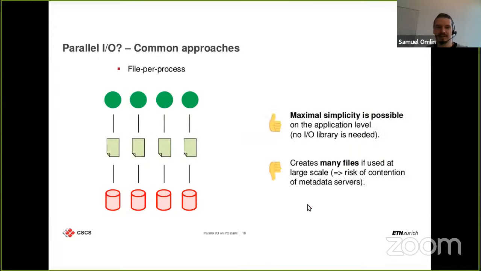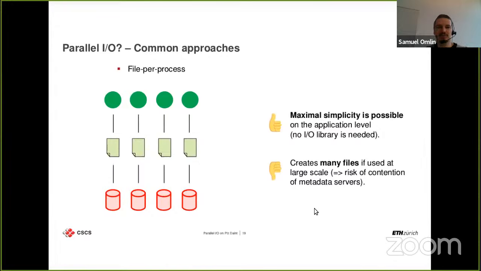Now the pros and cons of these approaches. The file per process, well, it kind of gets simpler than doing this. You don't need any I/O library. You can just use the language's standard mechanism to write on the disk, and that's it. Now, the bad point is this creates an enormous amount of files if you use it at large scale.